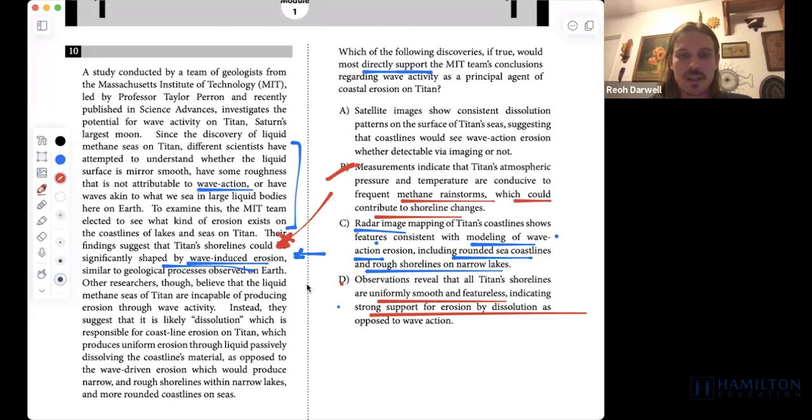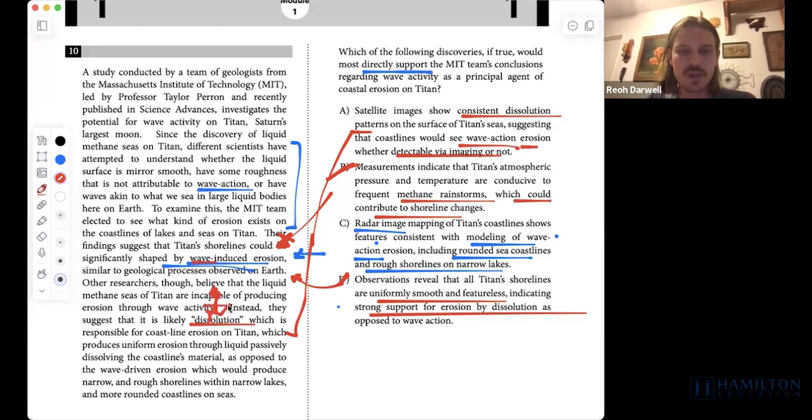This is showing the opposite of wave-induced erosion. Now, finally, A says that there would be wave action erosion, whether detectable via imaging or not. Why? Okay, because there is consistent dissolution. But here it says dissolution and wave-induced erosion are opposites, right?